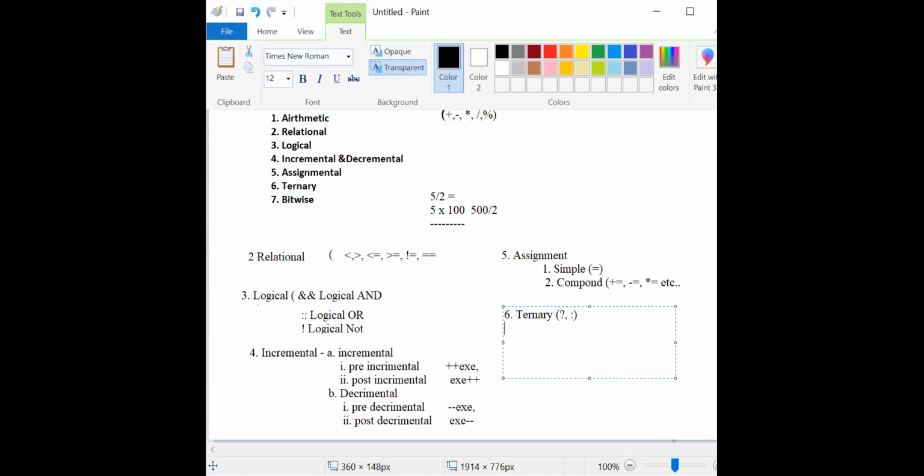Okay, and what is the seventh one? Bitwise operators. Exactly, bitwise operators. Each and every person should know these: bitwise AND, bitwise OR, XOR and complement. These are the operators used in bitwise operations.